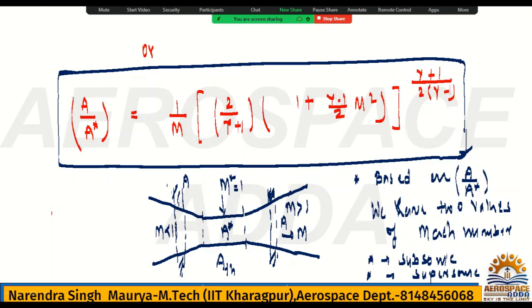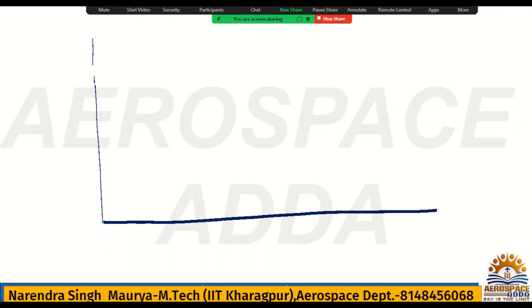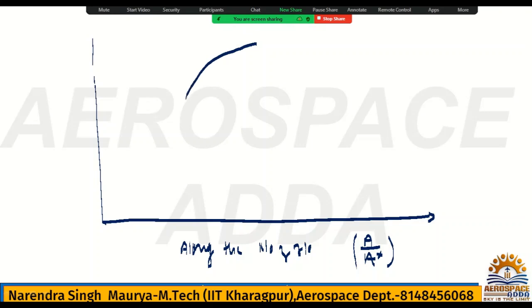So if you want to draw the area along the nozzle, along the nozzle the area will be A by A star. So here we will have Mach number. What is the Mach number?